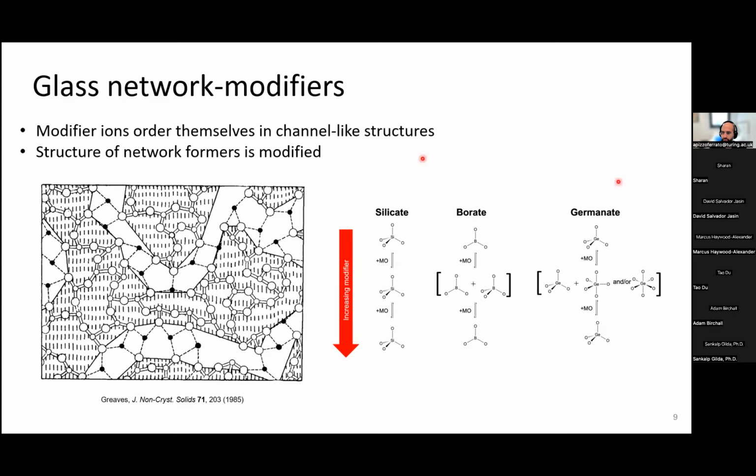And in other systems, there is still not a very detailed understanding, at least not in all compositions, about what is going on. So the structure is being modified in different ways, some ways that we know, and other ways where we still have some unclarity. And they are not always randomly distributed. They can also be ordering in terms of clustering of some of these elements in the networks, making it complicated.